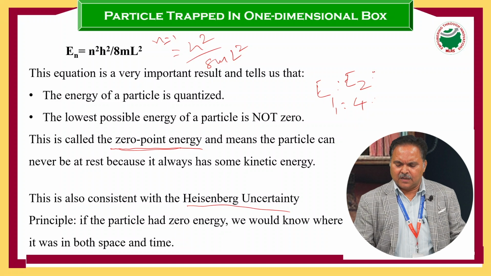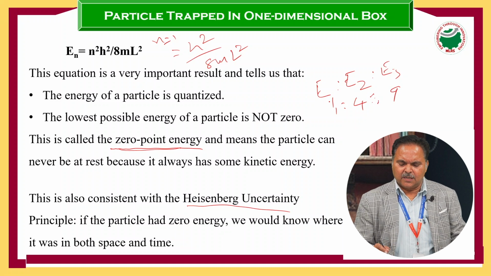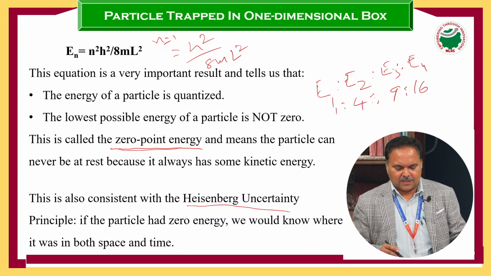If it is the third one, it will be 9, so 1 is to 4 is to 9. If you know the zero potential energy multiplied by 9, you will get the second excited state. For the third excited state, n is equal to 4, it becomes 16 times. So this way is the energy distribution of a particle in a one-dimensional box.